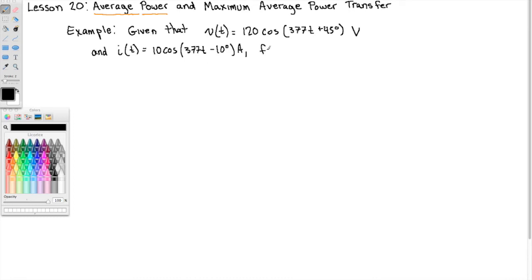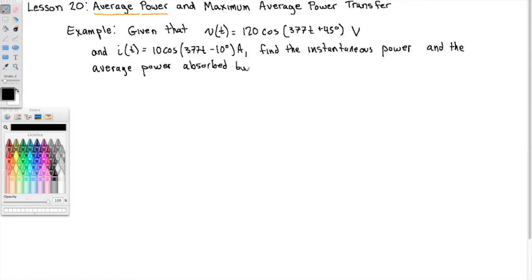Find the instantaneous power and the average power absorbed by the following circuit. Let's call it a network.